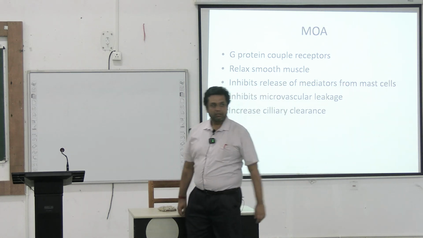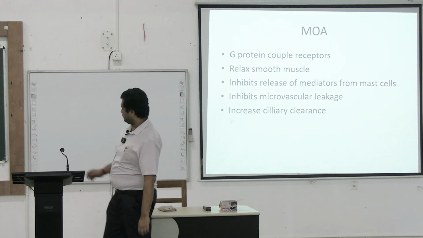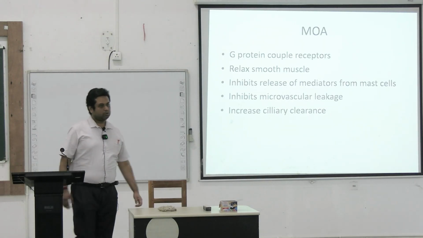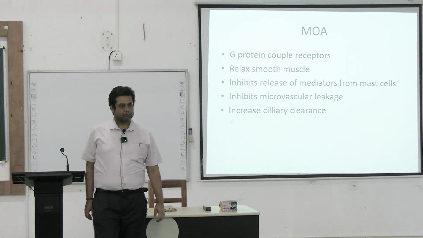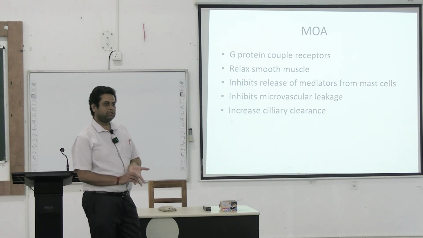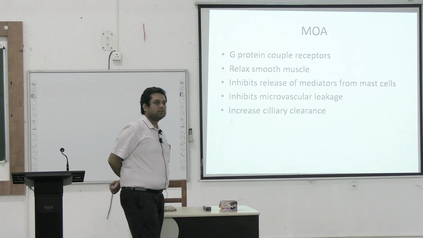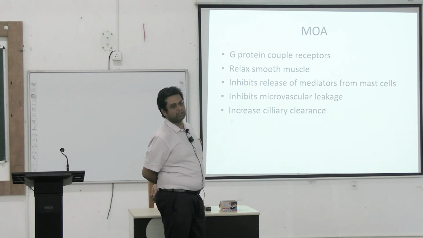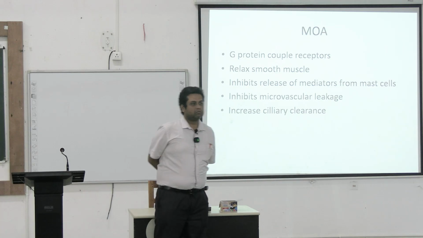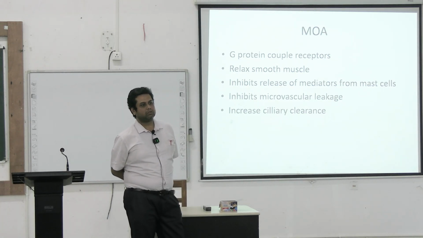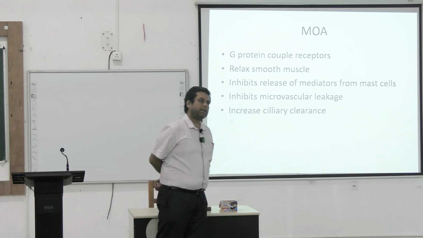ঠিক আছে? Now these agents are beta 2 agonists. Alright, so can a non-specific beta agonist produce such an effect? Side effect হয়ে যাবে. ঠিক আছে? So what are the other places of beta receptor, other receptors and its location? Heart.